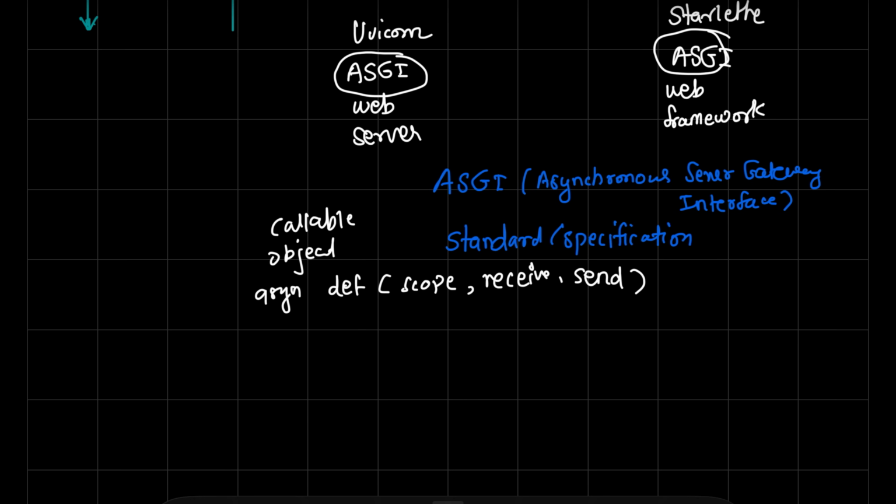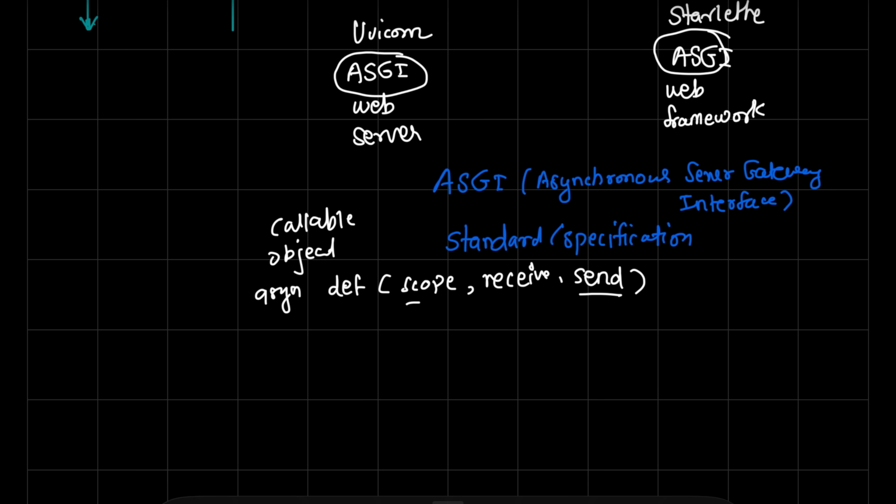Okay guys, next, the send function allows you to send the response back to the client or back to the server. So the send function allows you to send your actual response back to the server or back to the client. So this server and web framework work around ASGI.